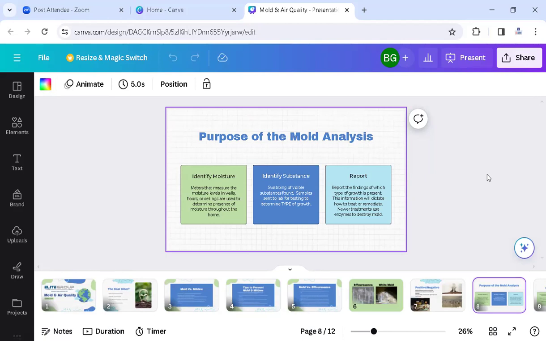Those are the two that seem to cause people health problems, give headaches, nausea, dizziness, make your asthma 10 times worse, things like that. Those are the two baddies that we look for. And I can count on one hand the number of times we've actually found them in homes. It's usually some other type that you do want removed, you do want cleaned up, and you do want out of the house, and then prevent it from coming back. But they're not nearly as problematic as these other two can be.